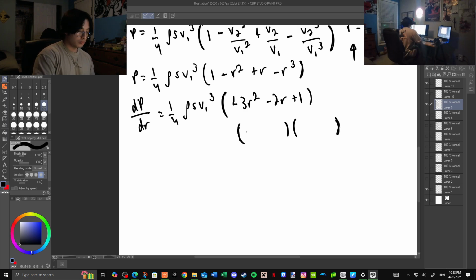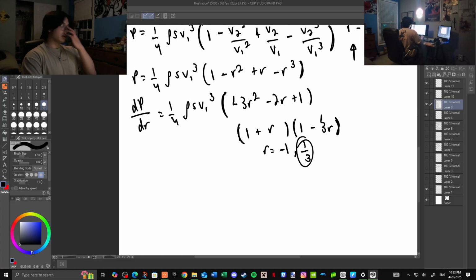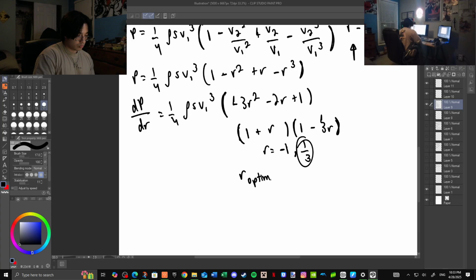So when we complete the square, we're left with 1 plus R, and then 1 minus 3R. And so R can equal either negative 1, or it can equal 1/3. Now we choose 1/3 because R can't be negative in this case, so the optimal ratio is 1/3.